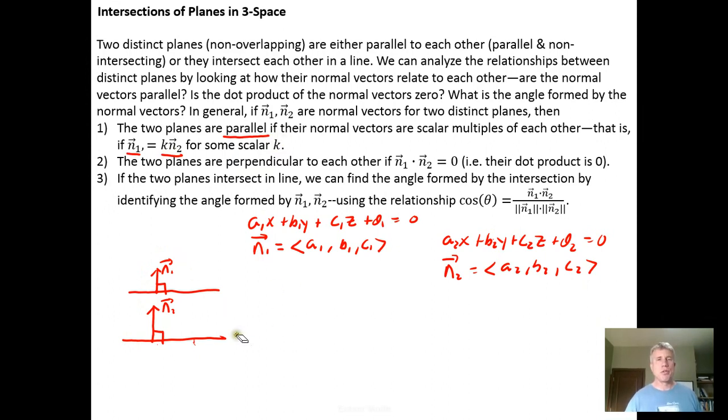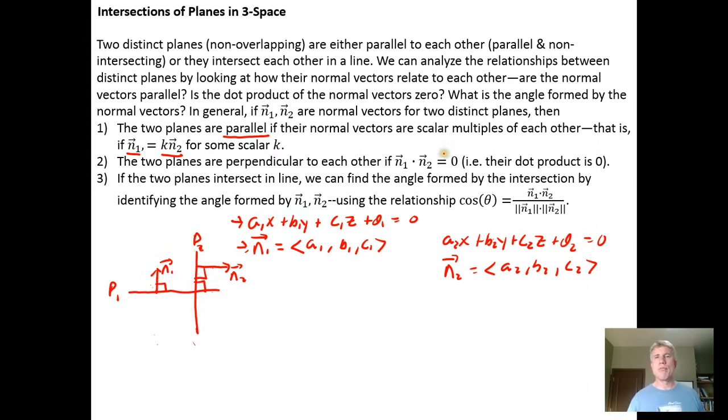If, however, the two planes are perpendicular, so here's my plane number 1 coming from this equation with its normal vector. If a second plane, p sub 2, happens to be perpendicular to it, then what we want to recognize is that the normal vectors, so this is the vector n sub 2 that's perpendicular to plane p sub 2, must also be perpendicular.